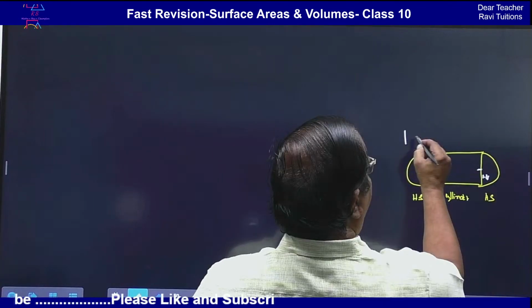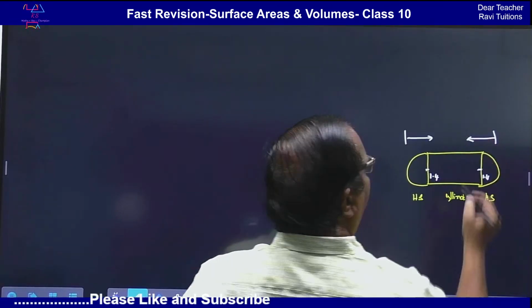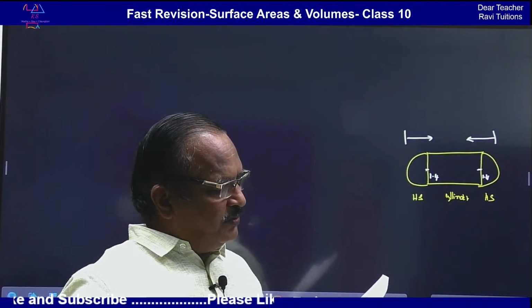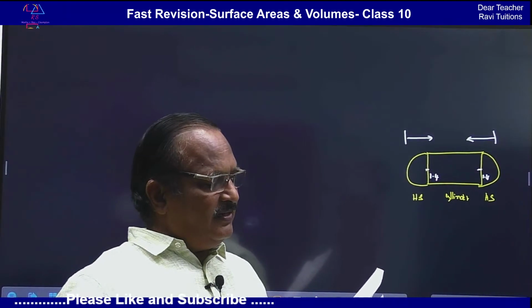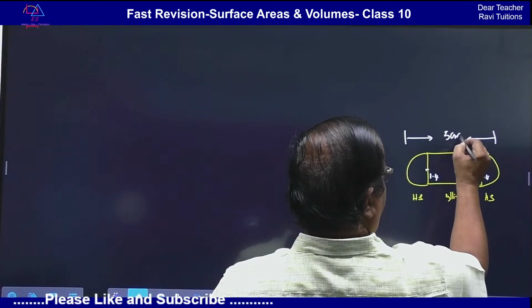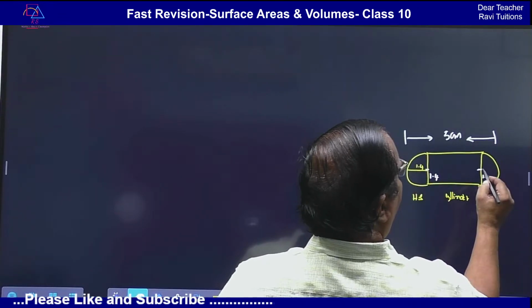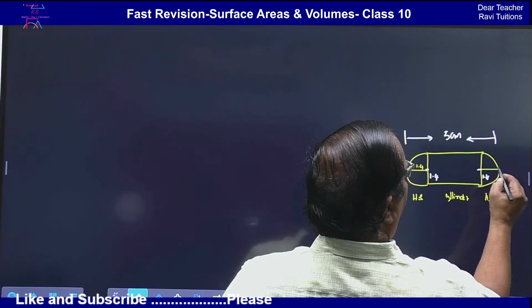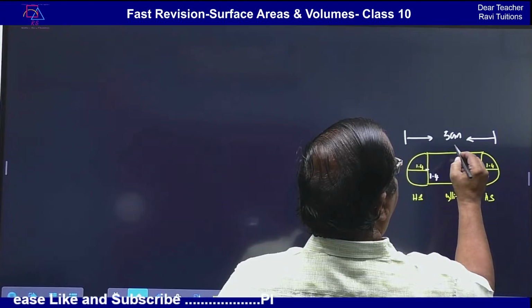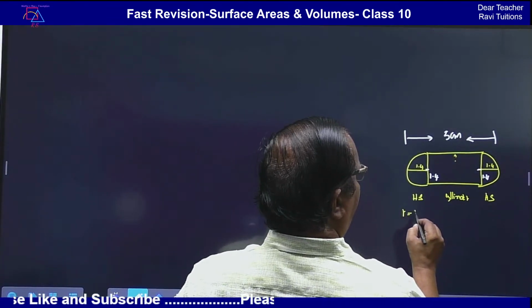So length of the gulab jamun, each shaped like a cylinder, is 5 centimeters. The whole is 5 centimeters. So this is 1.4 and this is 1.4. So let me write radius is equal to 1.4.